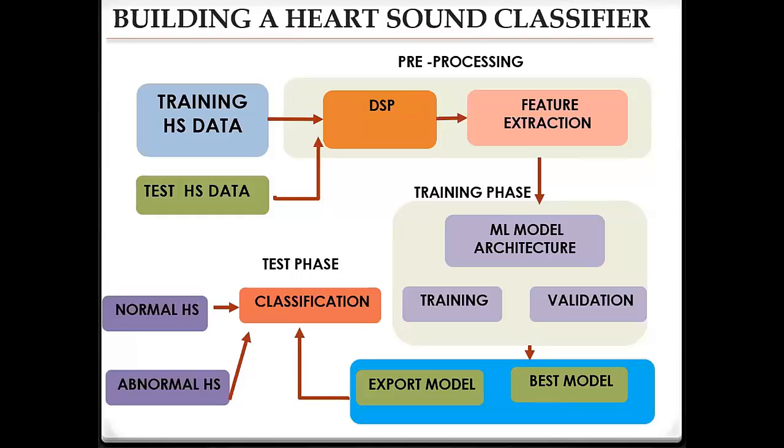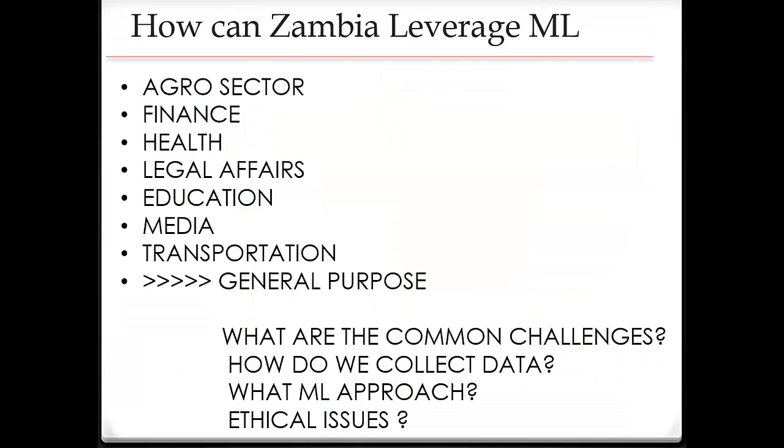So then when you test, if the classifier is able to detect that the auscultations are not okay, and indeed the doctor verifies, and maybe two or three doctors verify, then you know that this is working okay. So this is one way we can actually leverage machine learning.